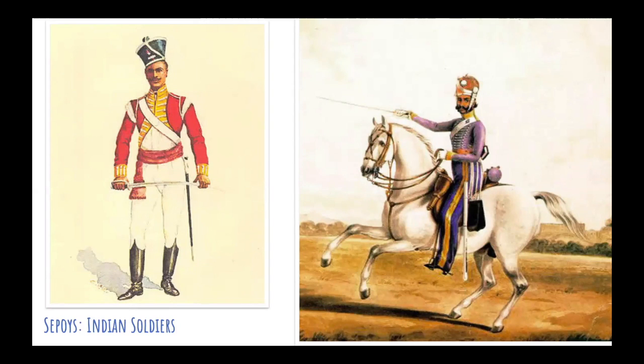So if you remember back to the British trying to grease the Sepoys' gun cartridges with pig and beef fat, beef is against the religion of Hindus to consume, and pork is against the religion for Muslims to consume. So a lot of issues when it came to that.